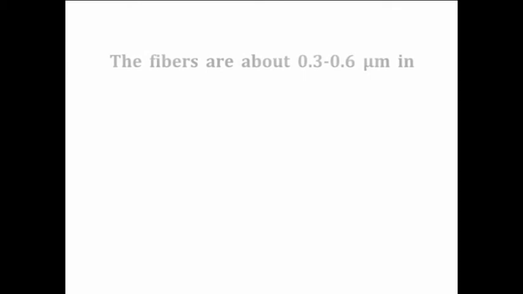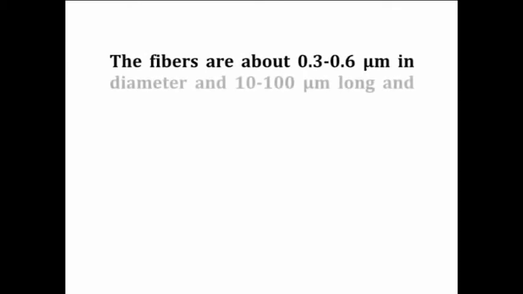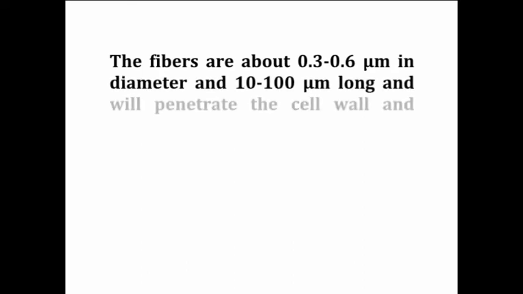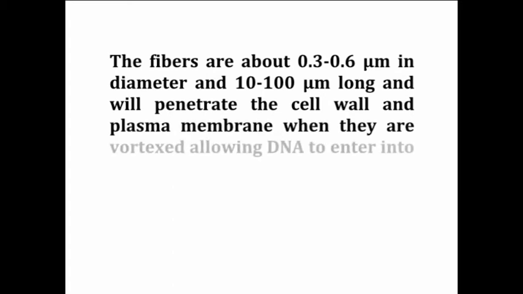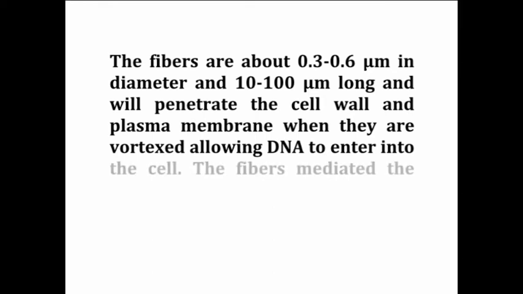The fibers are about 0.3 to 0.6 micrometer in diameter and 10 to 100 micrometer long, and will penetrate the cell wall and plasma membrane when they are vortexed, allowing DNA to enter into the cell.